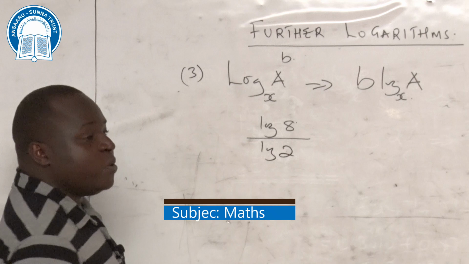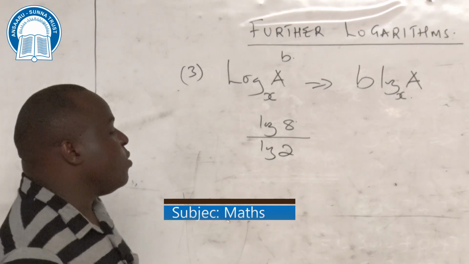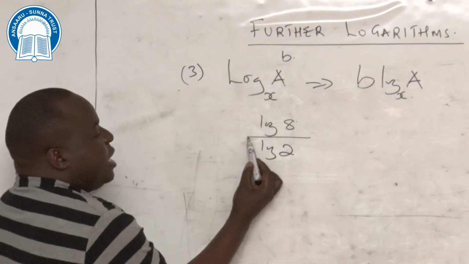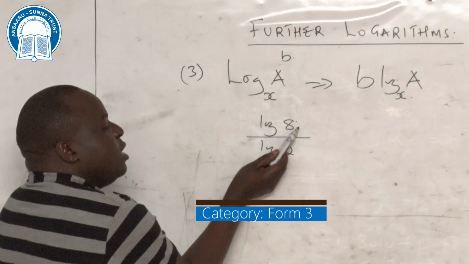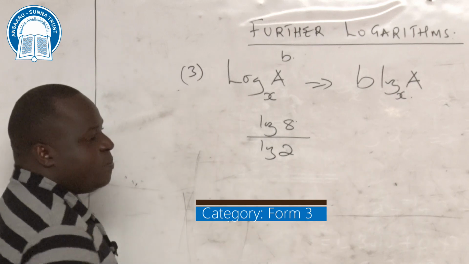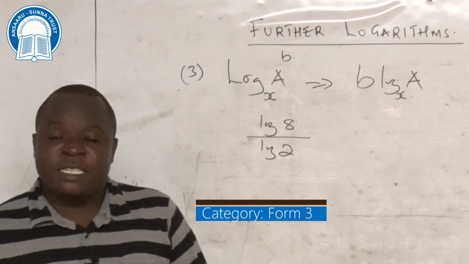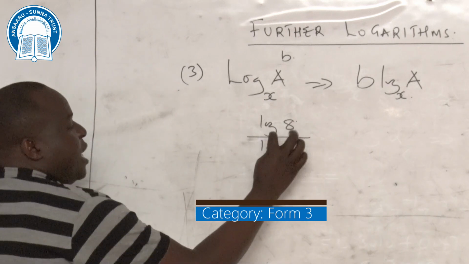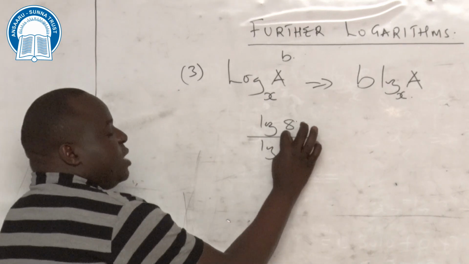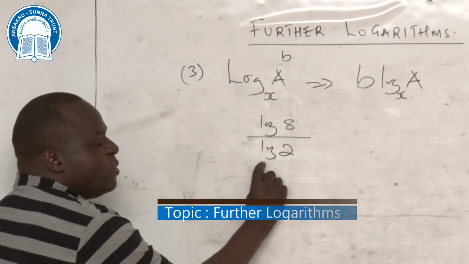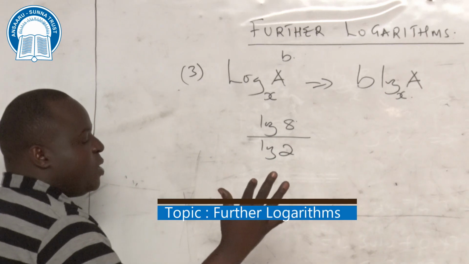I'm using 8 because I just explained it a few minutes ago. In logs, anytime you have a numerator and a denominator, and you're supposed to simplify, this question is set in such a way that either the numerator can be written in terms of the denominator in one way or another.